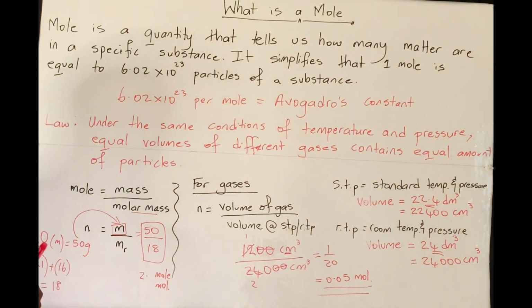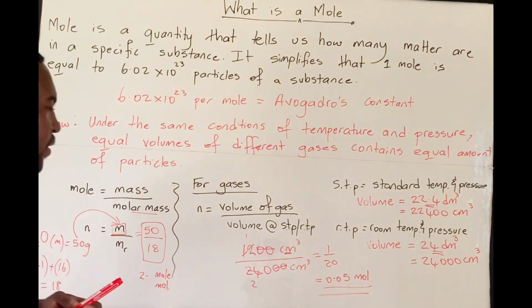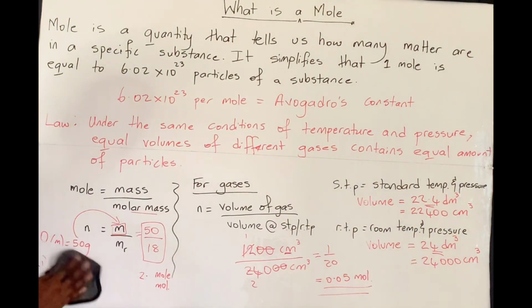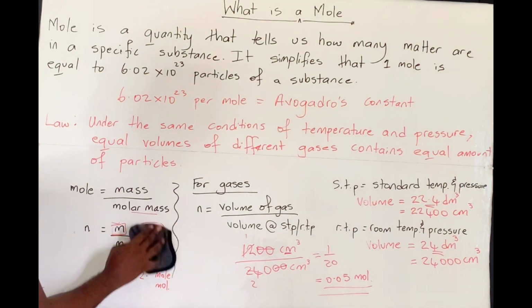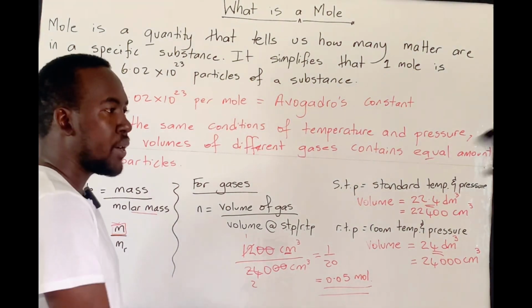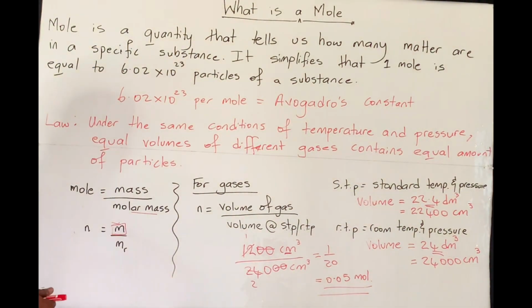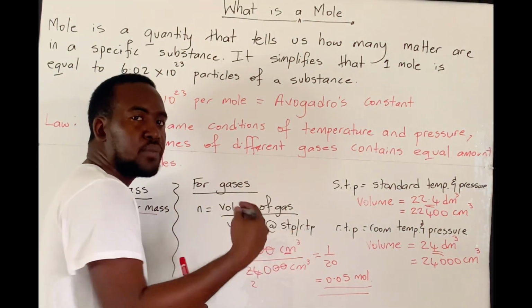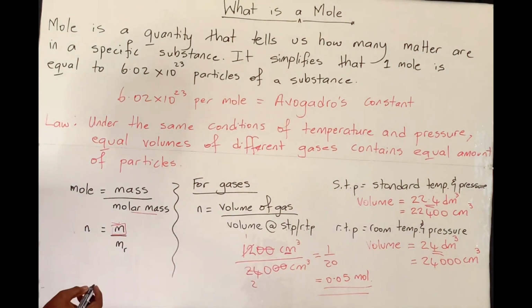Now, before we go, there is one last equation that we can focus on that will help us with the mole concept, and that is to include Avogadro's number, right? So now we know that the mole is either mass over molar mass or volume of gas over the volume of gas at the different conditions.